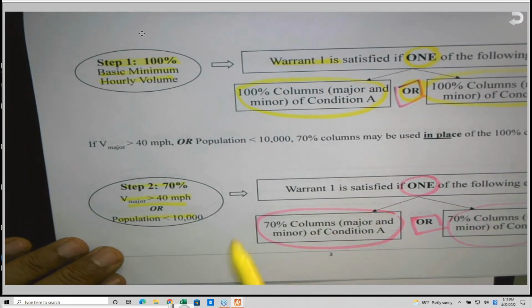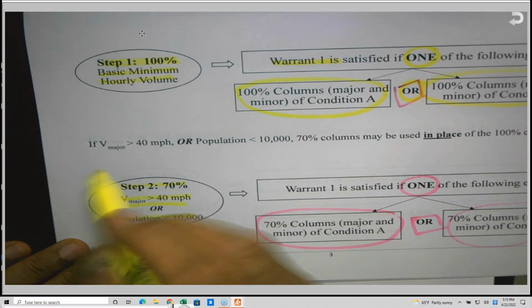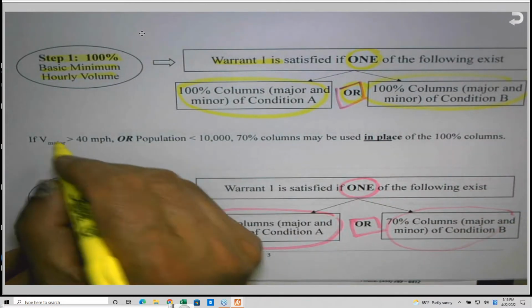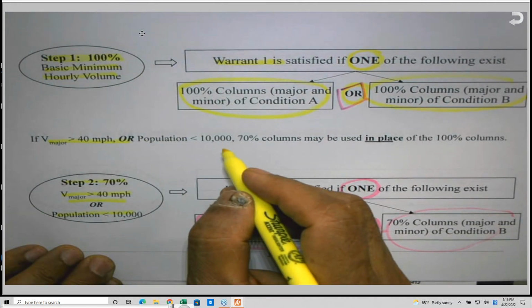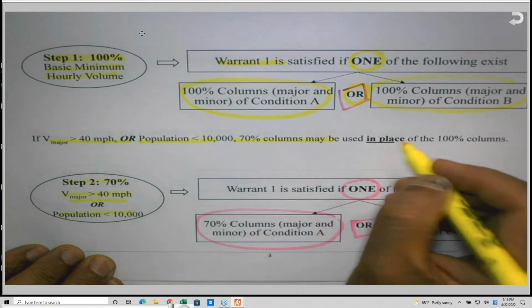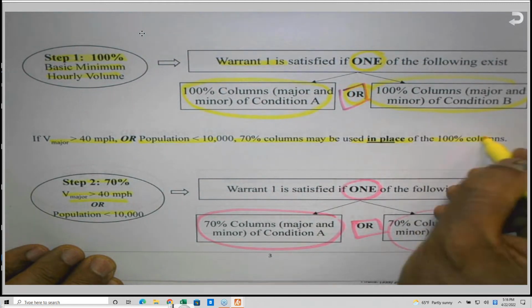And we said last time, if in the problem statement, and this is what we did, the V major exceeds 45 miles per hour, or the population is less than 10,000, we use the 70% column in place of the 100%.